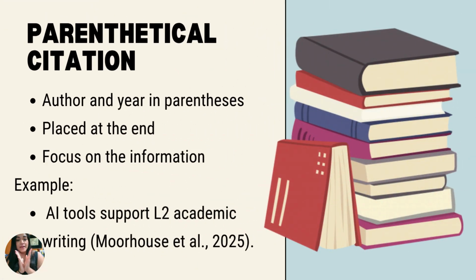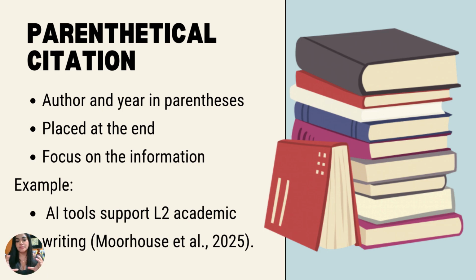On the other hand, we have the second type, that is parenthetical citations. In this case, the author's name and the year are both placed at the end of the sentence inside parentheses. For example, here we have: generative AI tools can support the students in L2 academic writing by improving their writing process and engagement.